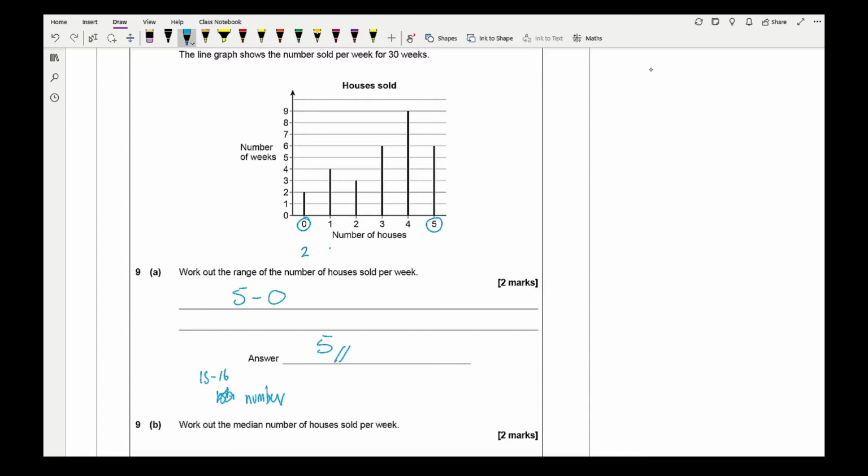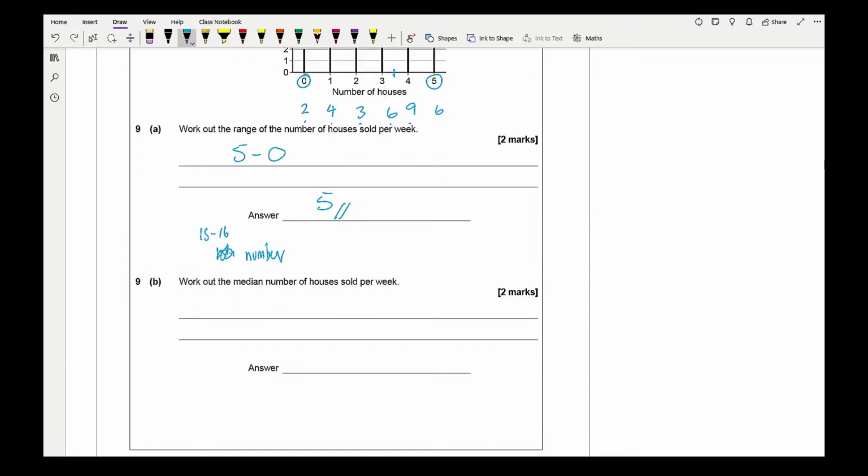If I do a running total, I want to stop when I get to 15, 16. So I've got 2, 6, 9, and then 15 is going to be here. So it's going to be 3.5, halfway between here. So the median number of houses sold per week is 3.5.